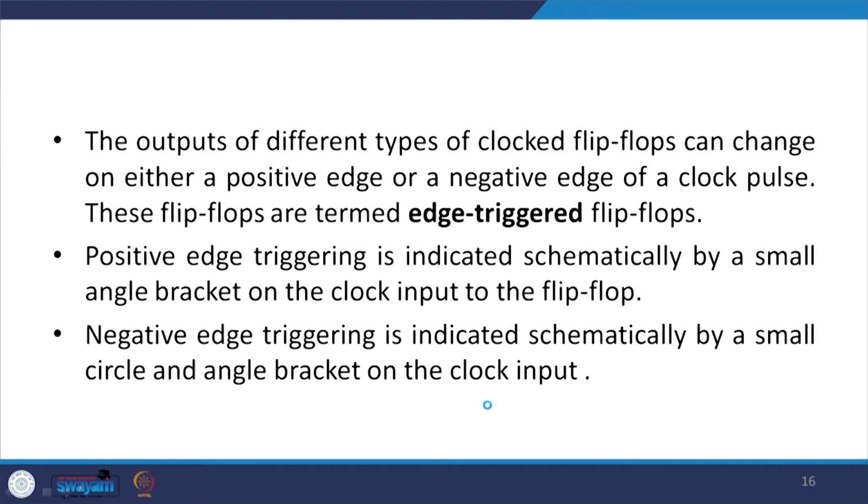Now, the output of different types of clocked flip flops can change on either a positive edge or a negative edge of a clock pulse. These flip flops are termed edge triggered flip flops. The positive edge triggering is indicated schematically by a small angle bracket on the clock input to the flip flop, and the negative edge triggering is indicated by a small circle and angle bracket on the clock input.